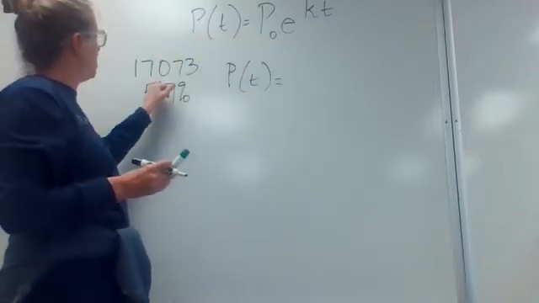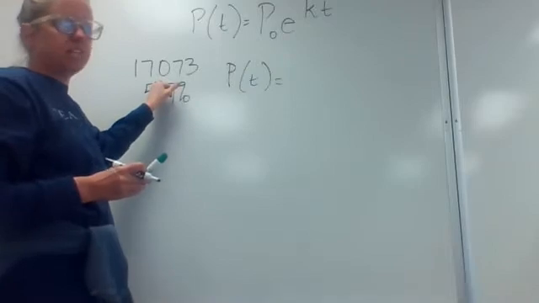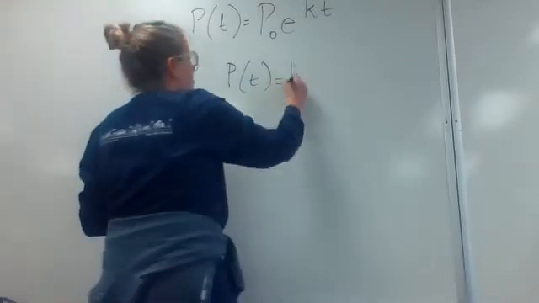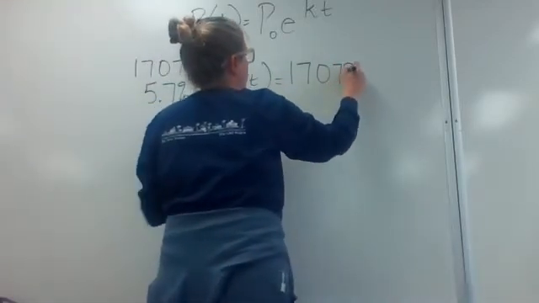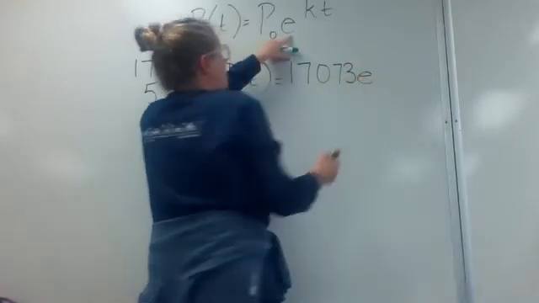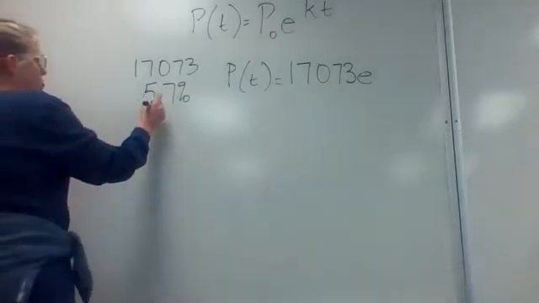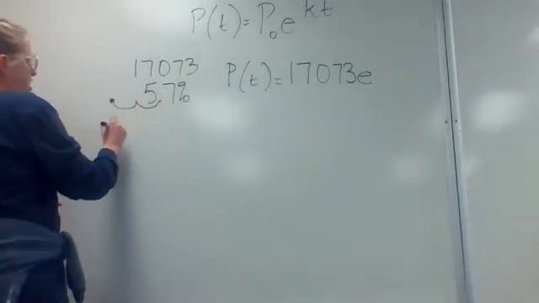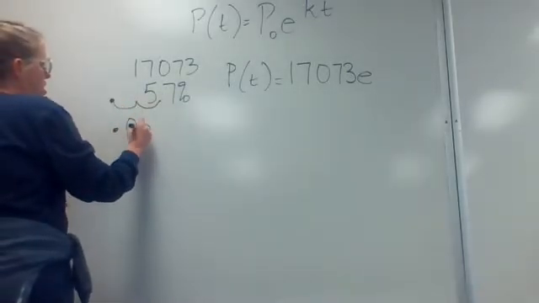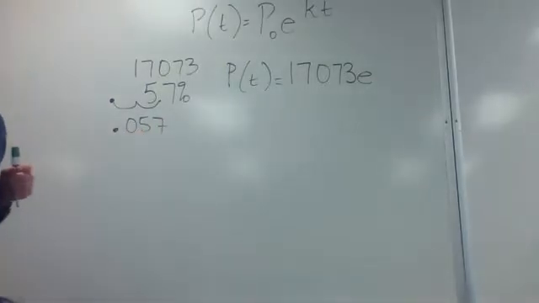This right here is my beginning amount, which is 17,073. Then the E. The K is the interest rate in decimal form. So I need to move it 2 places to the left. So it'll be 0.057.